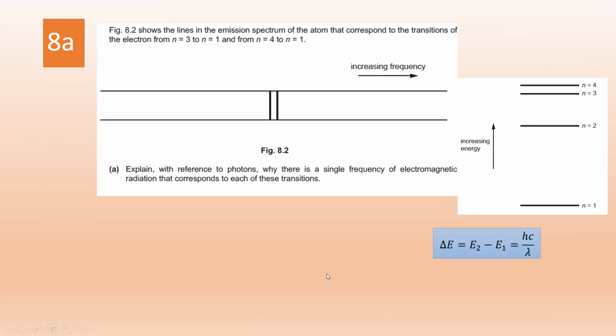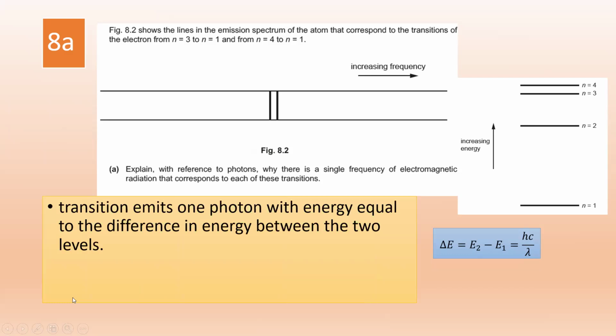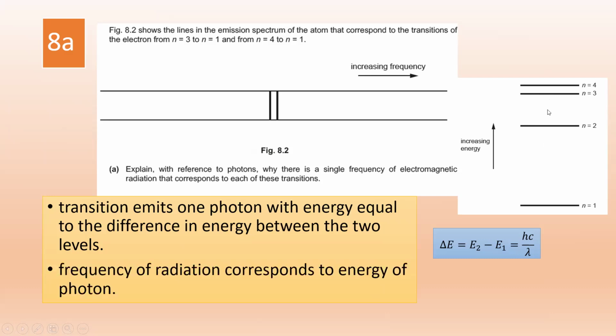Basically a summary by this formula. Transition emits one photon, right? Whether from N3 to N1 or N4 to N1. Emits one photon with energy equal to the difference in energy between the two levels. Frequency of radiation corresponds to the energy of the photon. That's all.